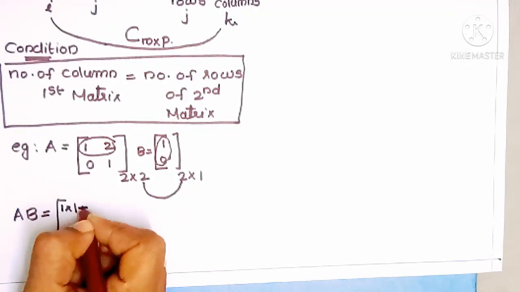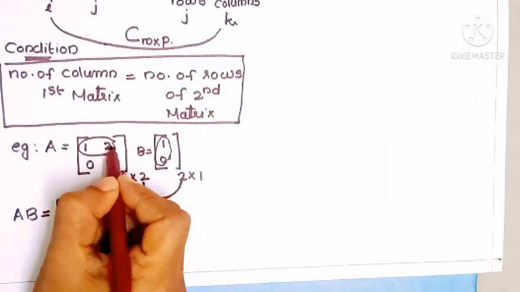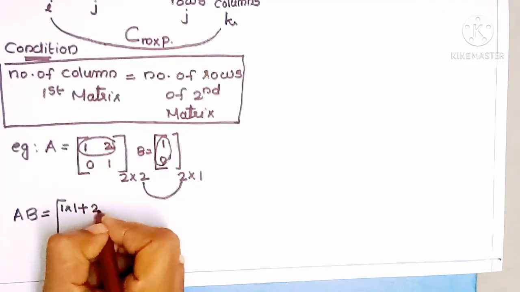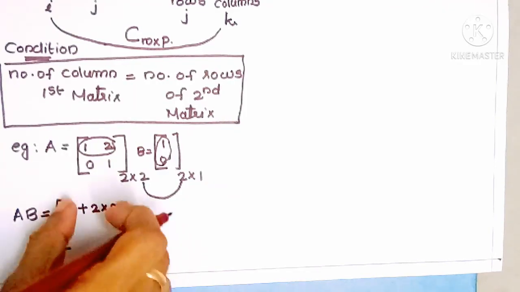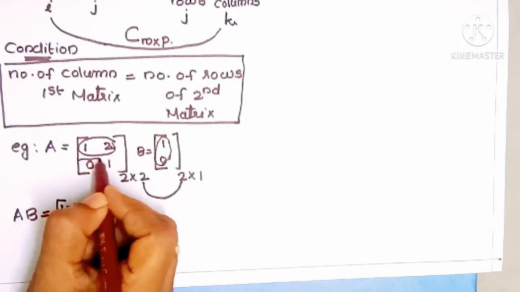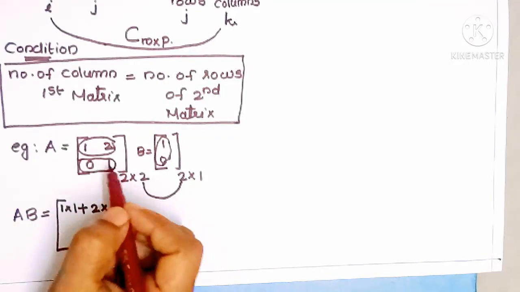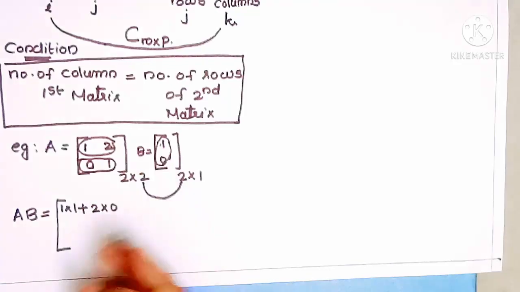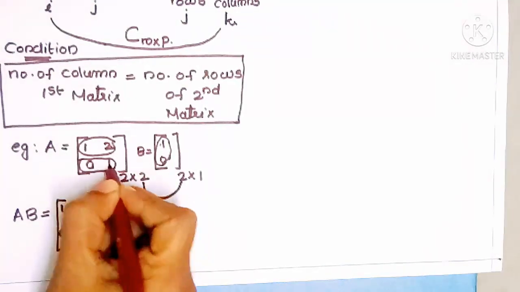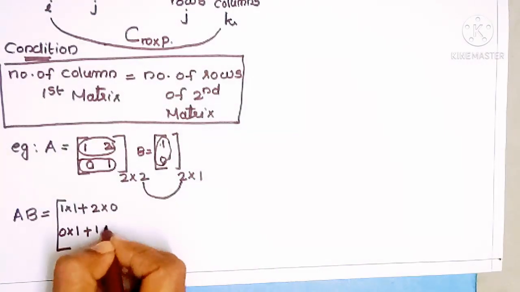Next, add 2 into 0. So we get the first element. Next we take the second row: 0 into 1 plus 1 into 0.